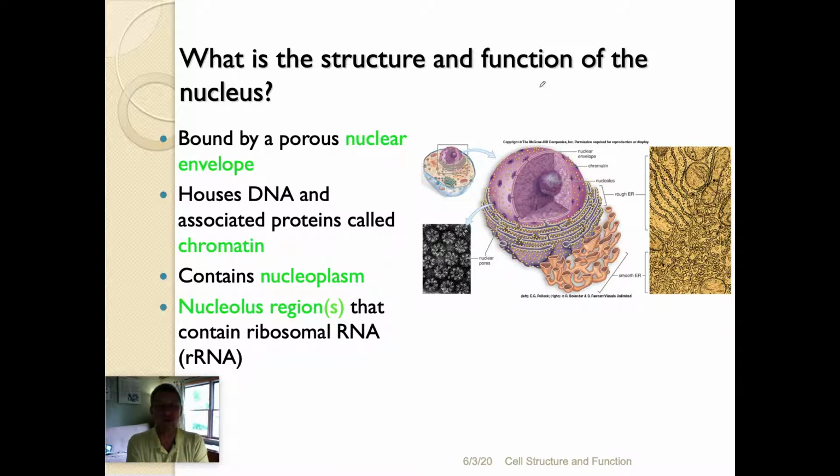It's got its own fluid inside that we call nucleoplasm, and a very dense region, not necessarily in the middle, but inside the nucleus, that contains a special form of RNA called ribosomal RNA.